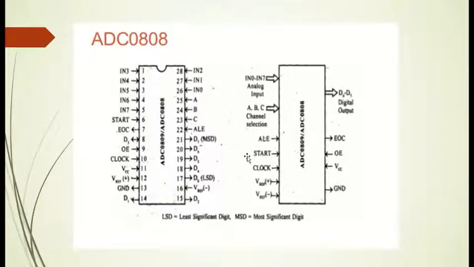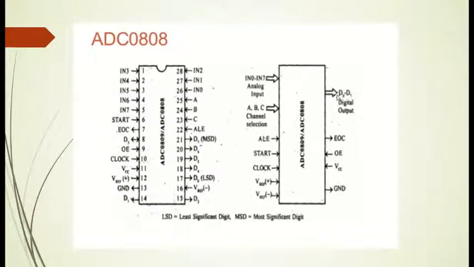Then we have start, which indicates the start of conversion, and the clock, ground, and voltages are connected here. Then OE is output enable. After the end of conversion, the indication is done through EOC, and output enable we'll see later.